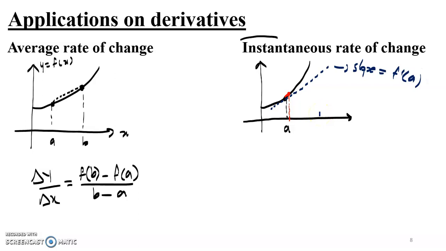So the instantaneous rate of change is like looking for an average rate of change, but with an infinitely small increment.